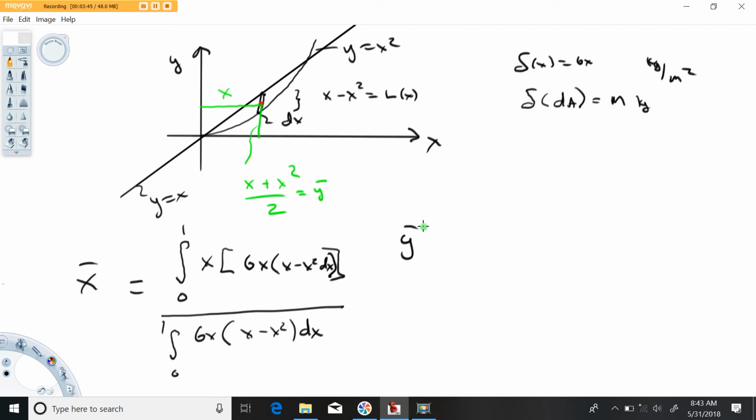Okay? For y bar, very similar. We're going to take the y coordinate of the centroid of the rectangle, which is equal to this expression. Now we give it a weight, and in this case we're going to be weighting it by mass by taking our density. Again, remember this has units of kilograms per square meter, and we're going to multiply by the area of this rectangle, which would have units of square meters.